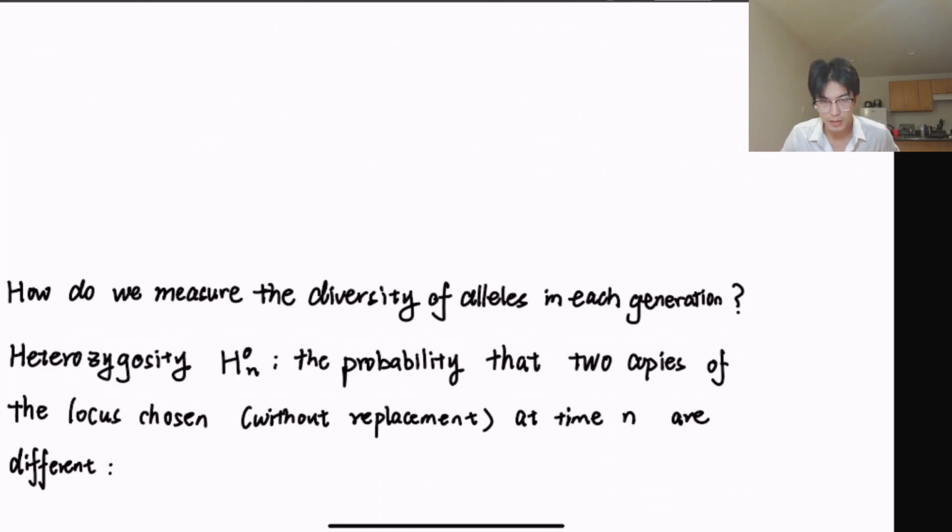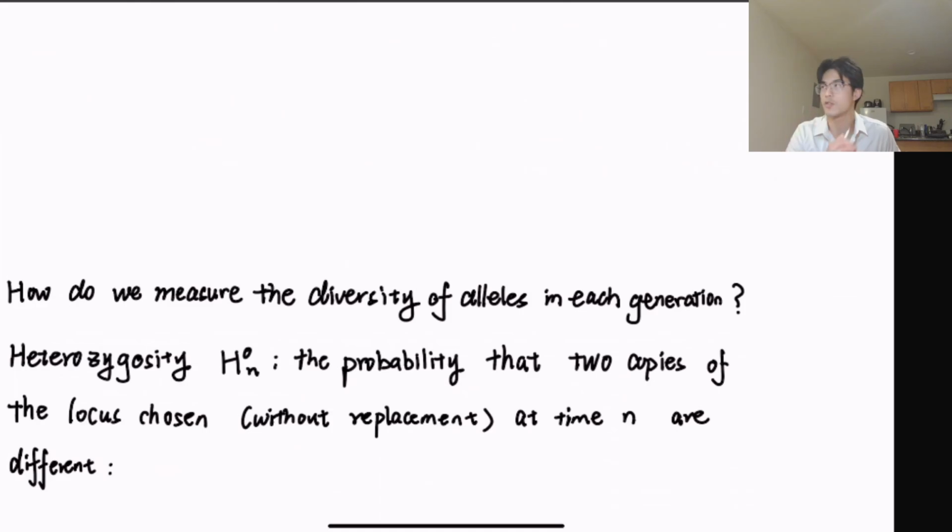The definition of heterozygosity: it is the probability that two copies of the locus chosen without replacement, remember, without replacement, at time n are different.